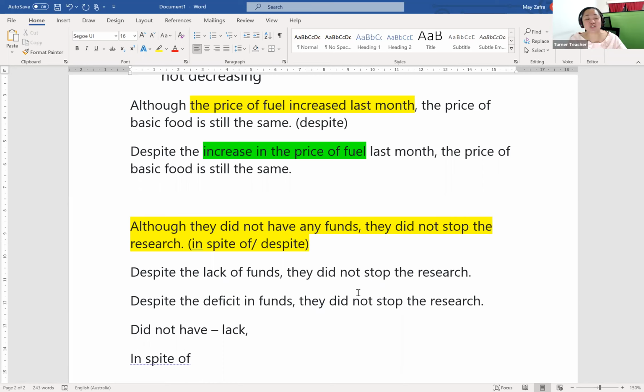Same as reduced. It's an adjective. Yeah, reduce is an adjective. So if you want reduce to be a noun, it has to be reduction. Right? Yeah, so be careful. It has to be followed by a noun.